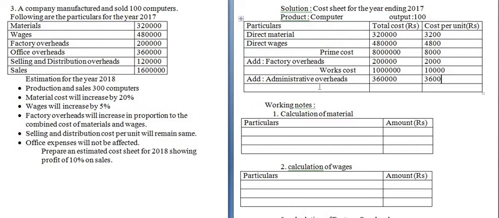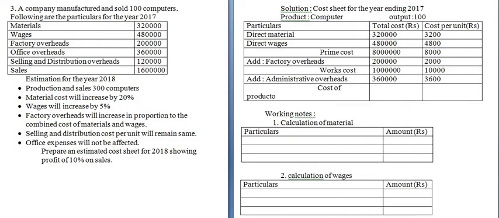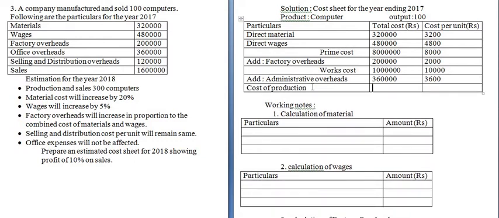So this total will be called as cost of production. Now make a total. Total is how much? It will be 13,60,000 and this will be 13,600.